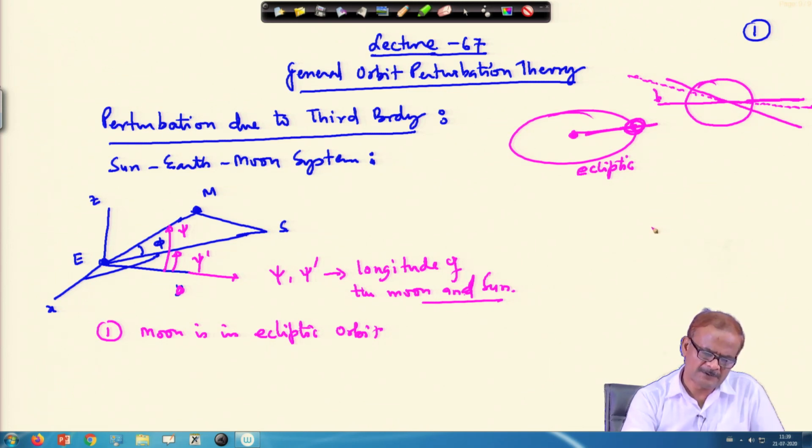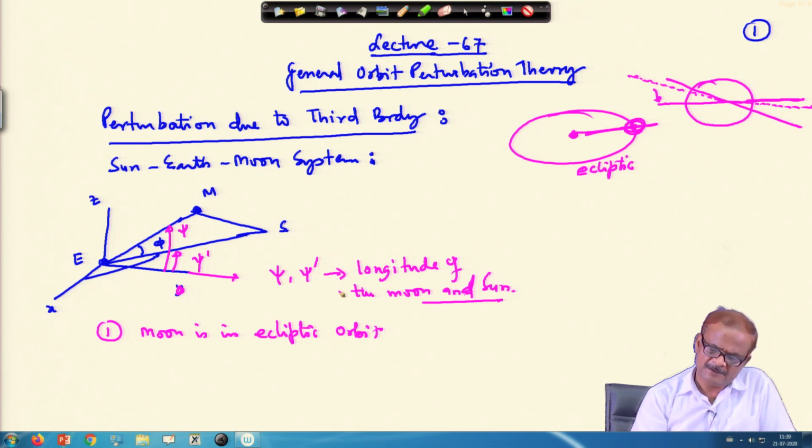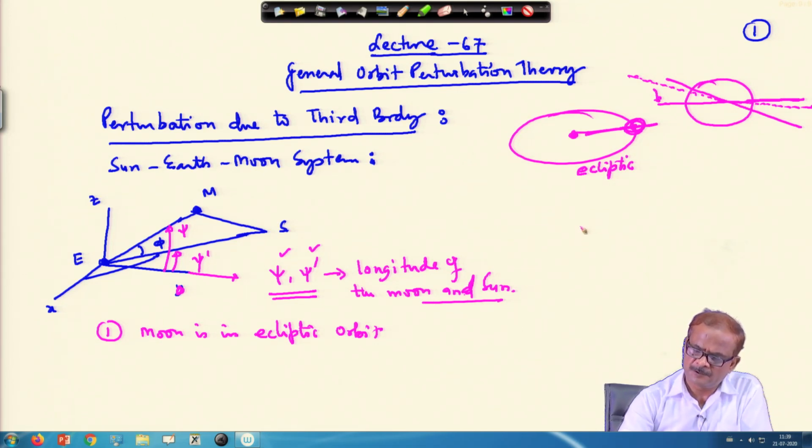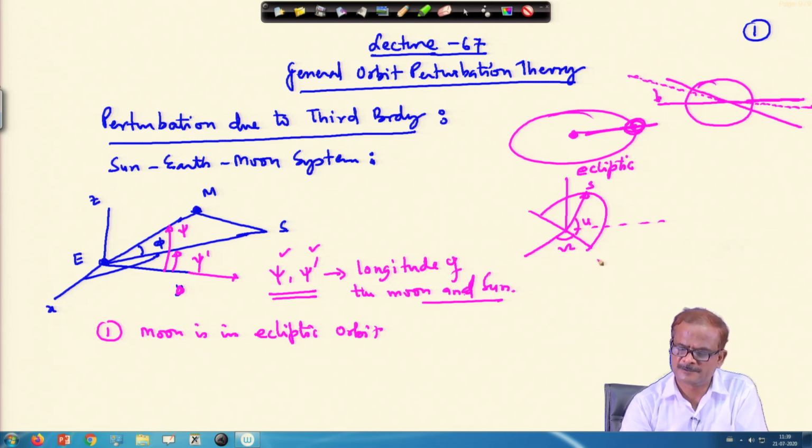So, if we simplify the problem, we can indicate that their longitude is psi and psi dot. In a general problem, if this is the satellite, this is capital omega and this angle is u, which is omega plus theta.